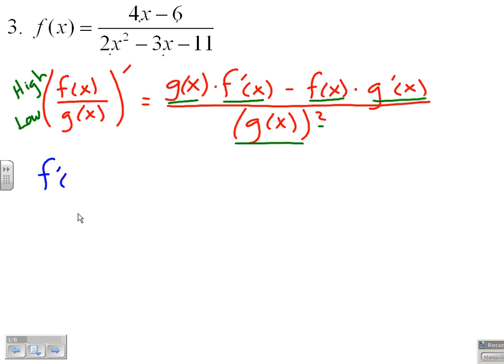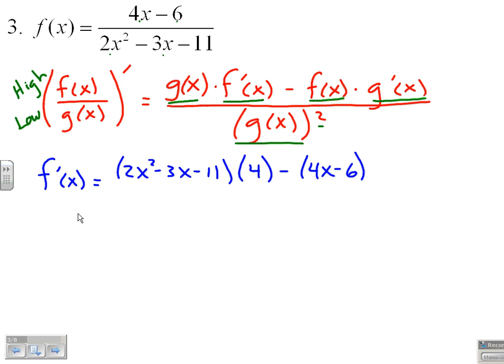So f prime x, or my derivative, is low, 2x squared minus 3x minus 11. That is low. D high, derivative of the high function, just plain old 4. Low d high minus high, 4x minus 6, times d low, 4x minus 3.